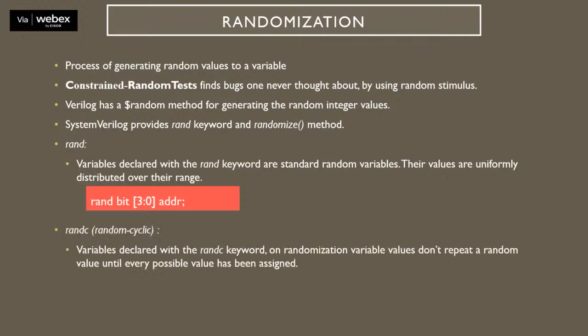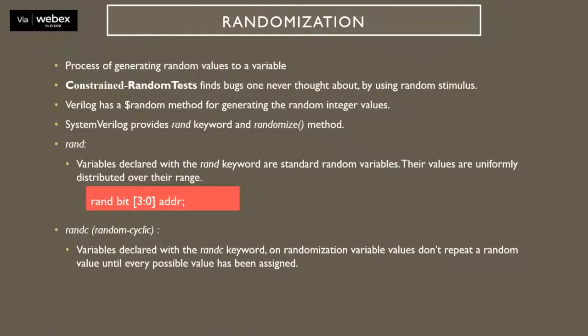But there is one more thing called randc, that is random cyclic. If you use this, the randomization will not repeat a random value until every possible value has been assigned.